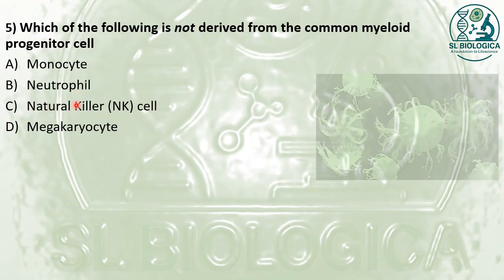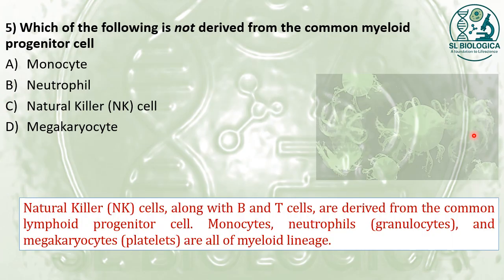Natural killer cell, that one is actually a product of the lymphoid lineage, right? So this would be the answer. The option D, megakaryocyte, is the progenitor for the platelets, again a product of the myeloid pathway. So obviously the answer is option C, natural killer cell. Let's look into the description.